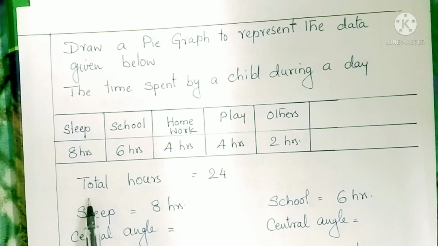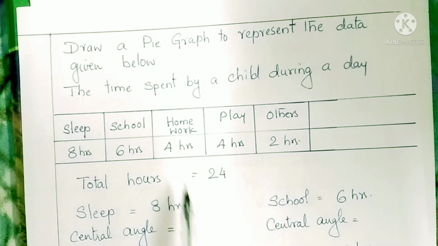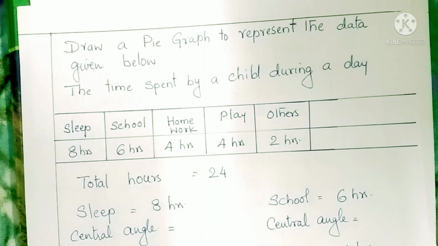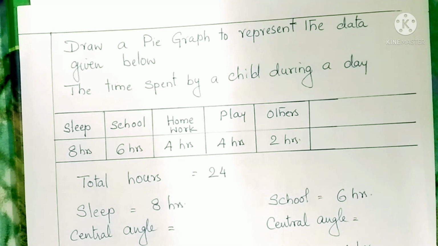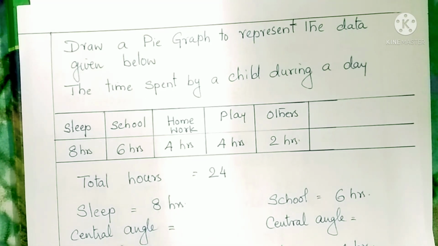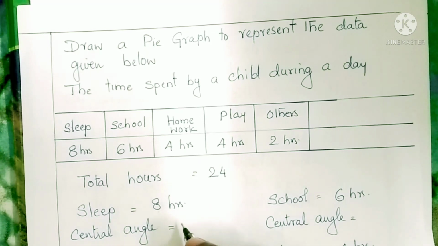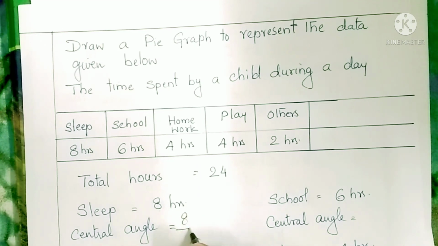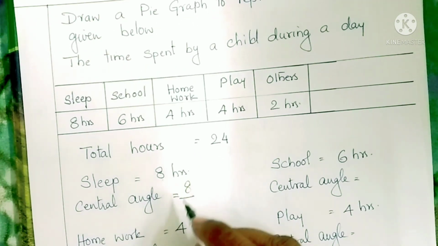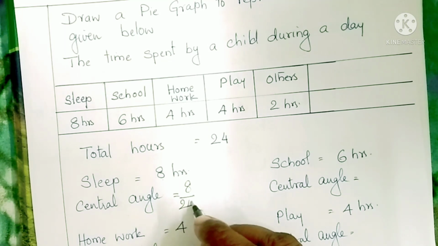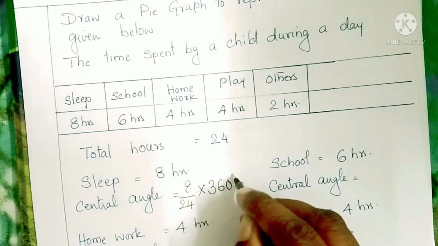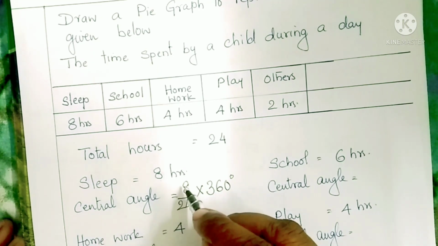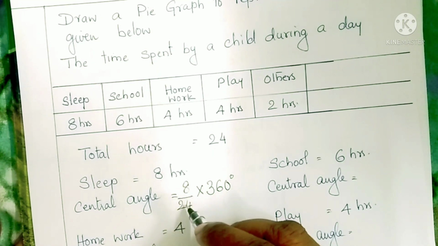Now, what is the total hours? It is 24. Now, for each activity different hours are taken. So, the first one is sleeping, they take 8 hours. So, how to find the central angle? 8 hours out of 24 hours, multiplied by 360 degrees.